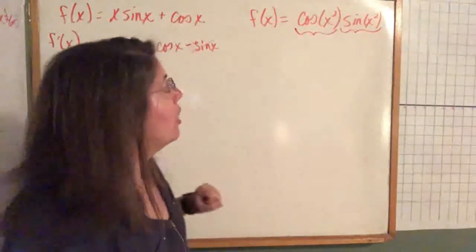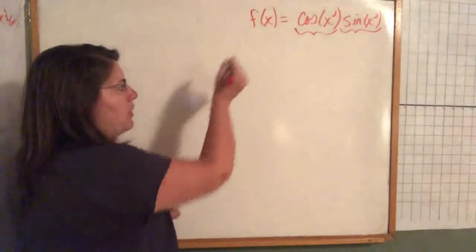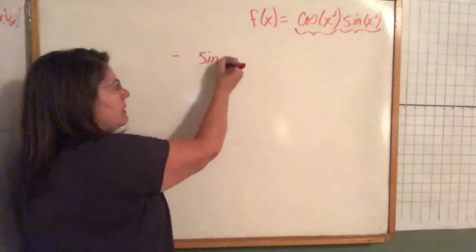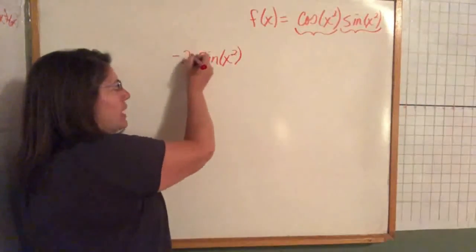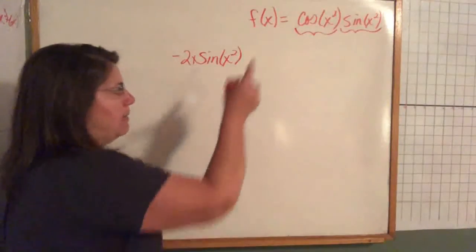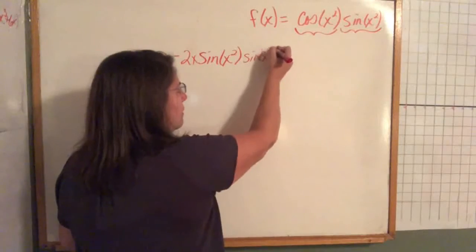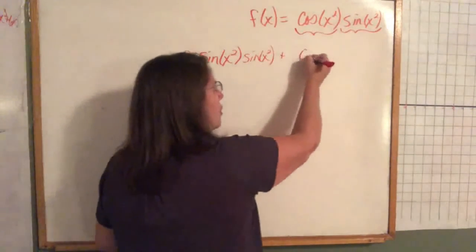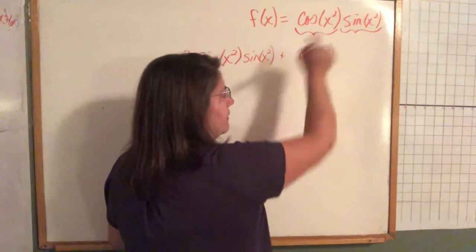So if we're using the product rule, the derivative of the first thing, the derivative of cosine is a negative sine, keep the angle, x squared, and then the derivative of the angle is 2x, times the original second, which is sine x squared, plus the original first, cosine x squared, times the derivative of the second.